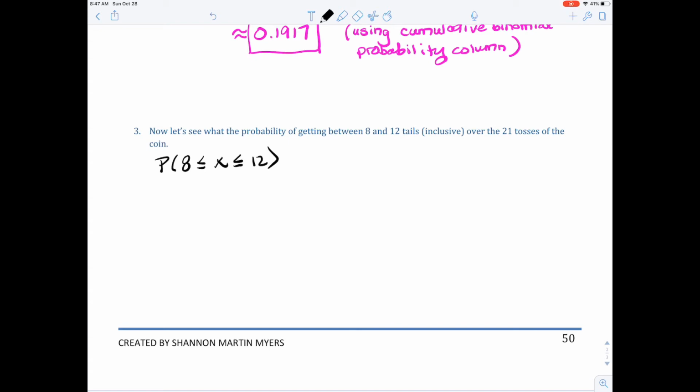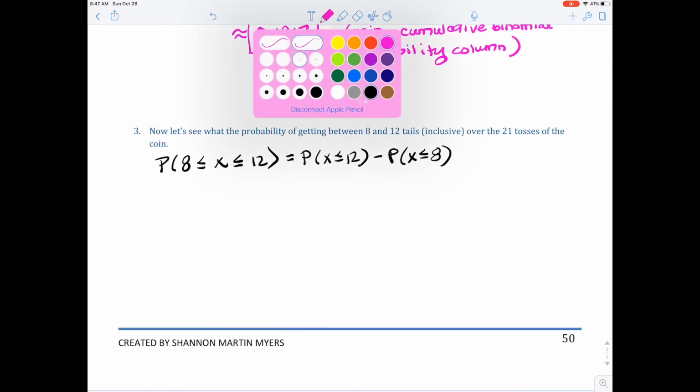So if we use our binomial distribution, that would end up giving us the probability that x was less than or equal to 12 minus the probability that x was less than or equal to 8. Good so far?